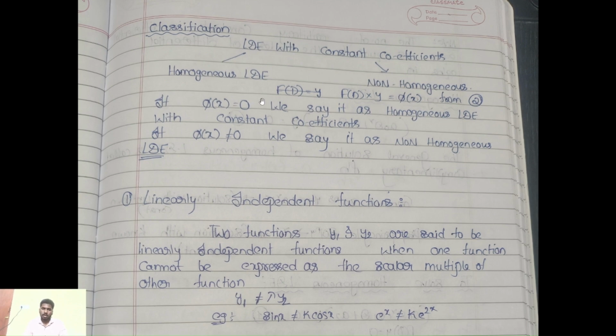Here, if phi(x) equals 0, we say that it is a homogeneous LDE with constant coefficients. If phi(x) is not 0, we say that the linear differential equation is non-homogeneous.